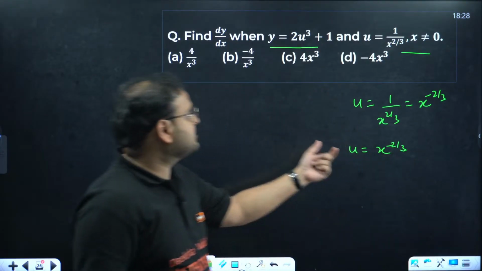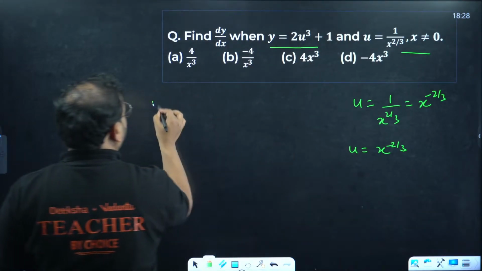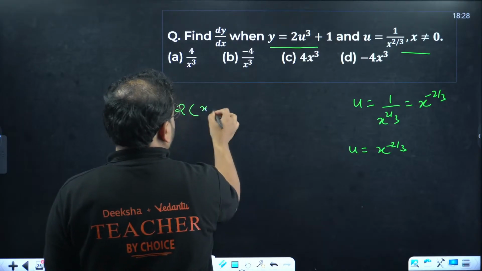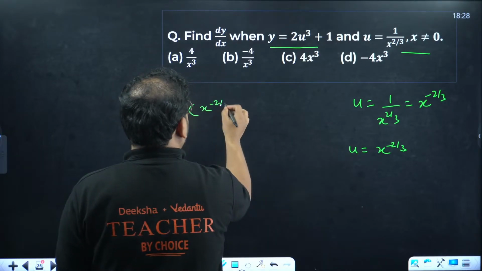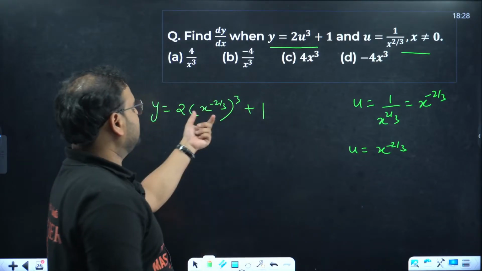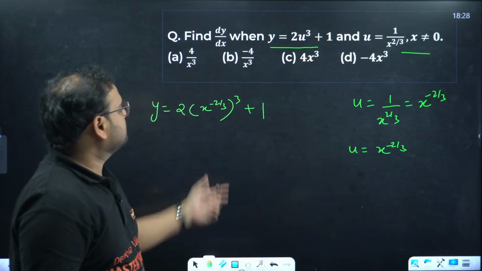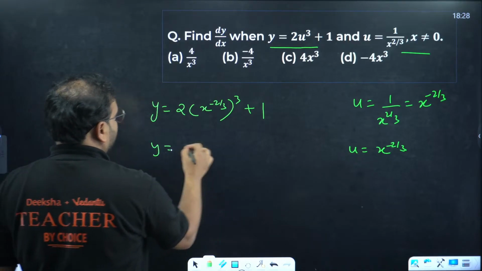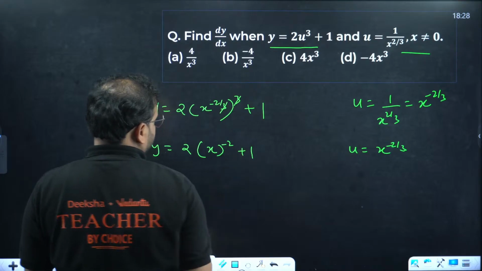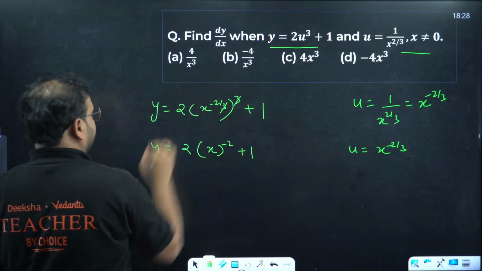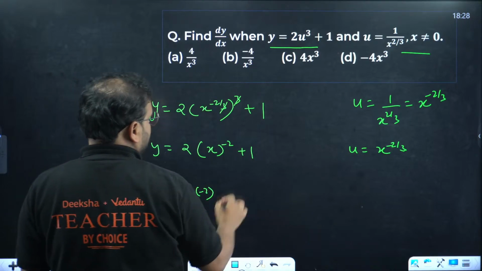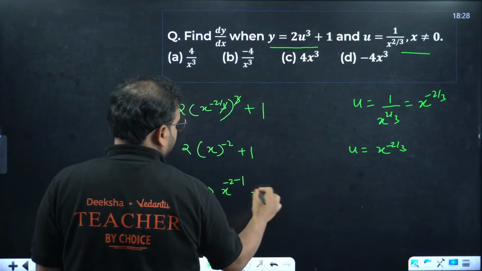Now we'll use this in place of u over here in the function y. 2 times x power minus 2 by 3, the whole cube, plus 1. This power 3 cube, plus 1. It becomes 2 times x power minus 2, plus 1. And to find the derivative, we'll have 2 times minus 2 x power minus 2 minus 1, plus 0.